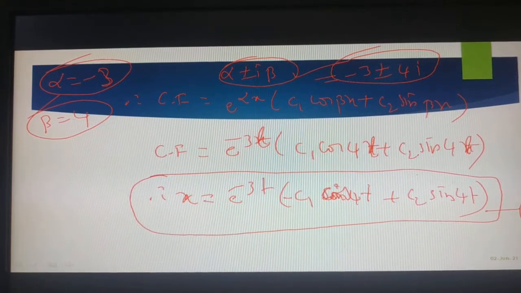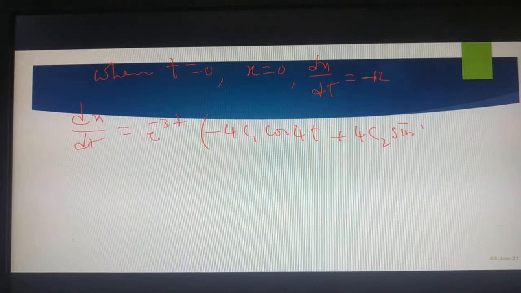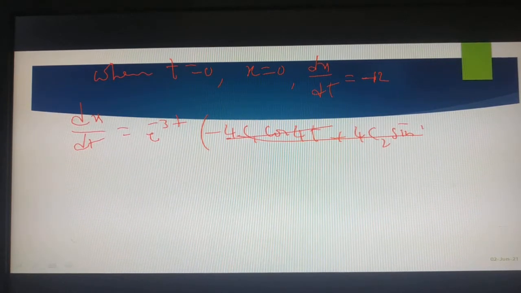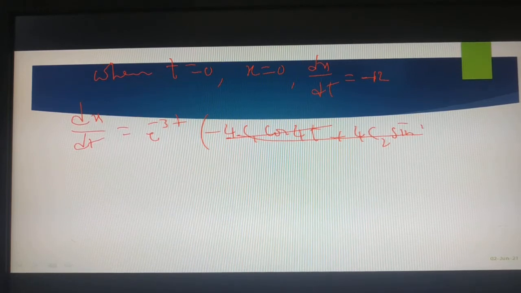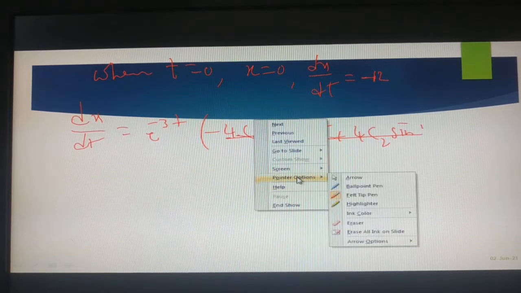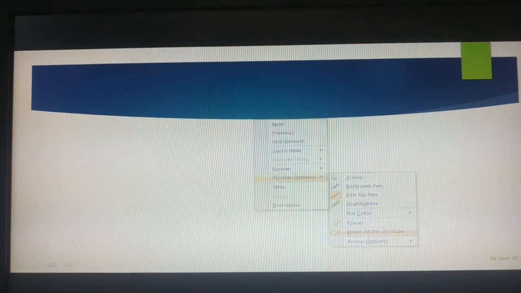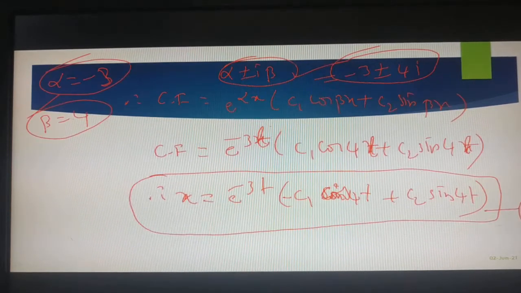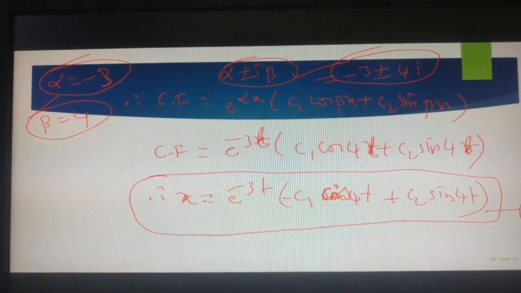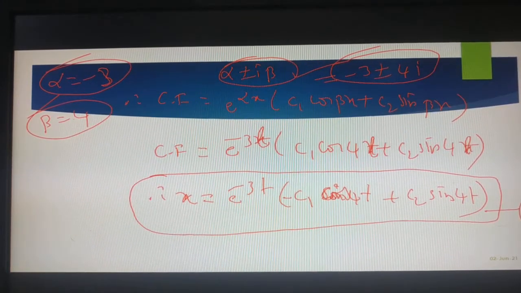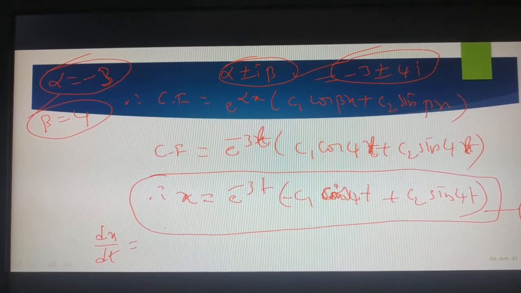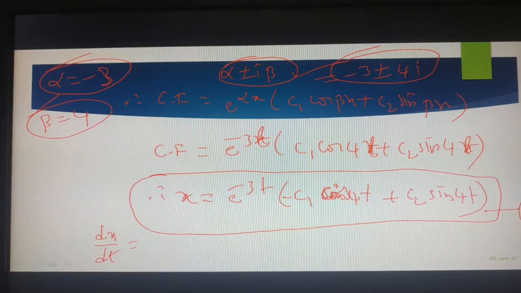Now I have to write the derivative for this. We have x, and we can find dx by dt. Why are we finding dx by dt? We want to apply our initial conditions.